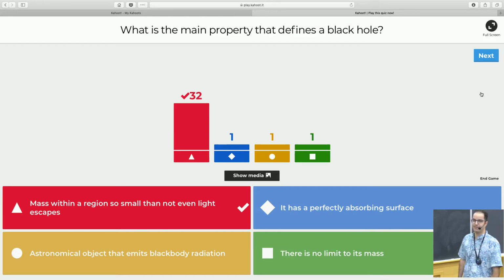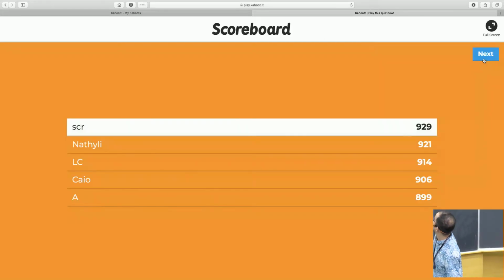What I'm referring to is the main defining property of a black hole. Okay, very good. Kerr is on the top podium.